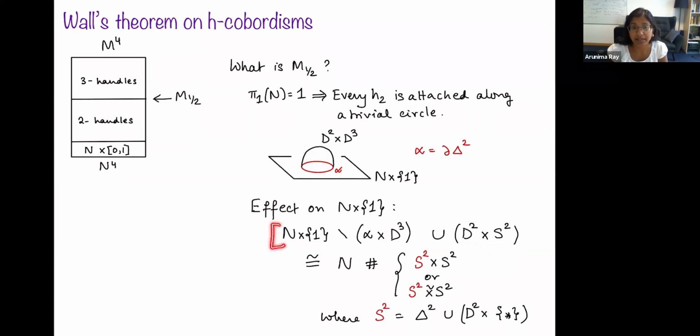And then in the case that there are more handles, I have to do this process as many times as there are 2 handles. So if we look at this a bit more closely, we see that the effect on N is precisely connected sum with one of these 2 options. You either get an S2 cross S2 connected summand or an S2 twiddle cross S2. That's the twisted S2 bundle over S2.